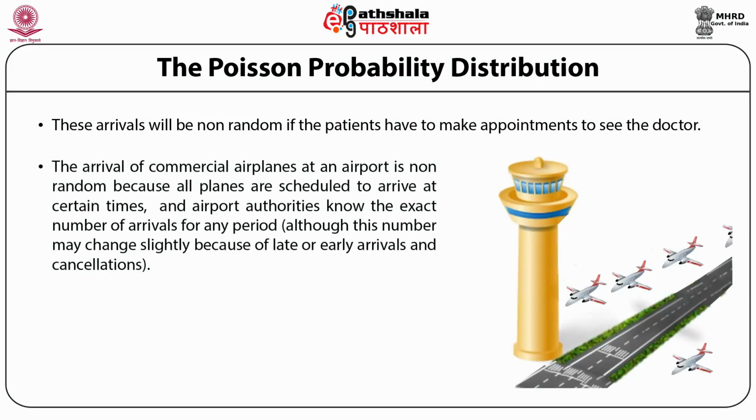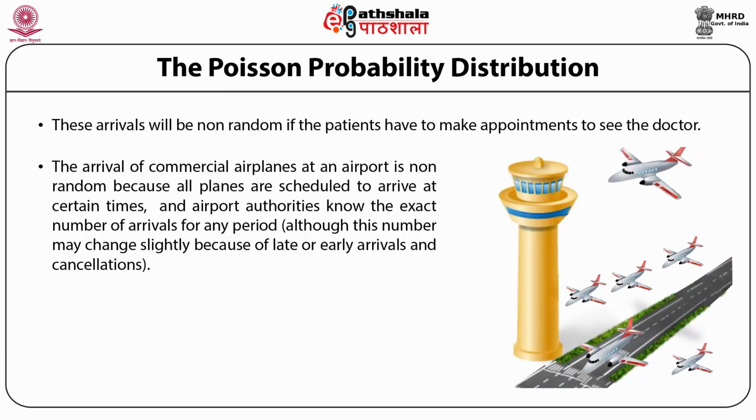The arrival of commercial airplanes at an airport is non-random because all planes are scheduled to arrive at certain times, and airport authorities know the exact number of arrivals for any period, although this number may change slightly because of late or early arrivals and cancellations. The Poisson probability distribution cannot be applied to these examples.